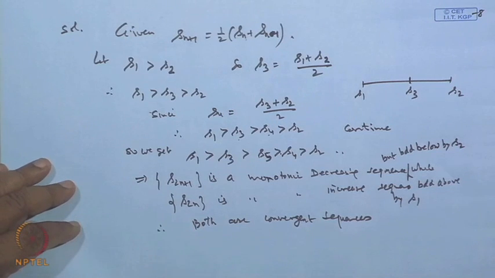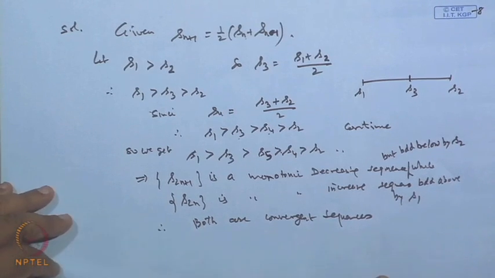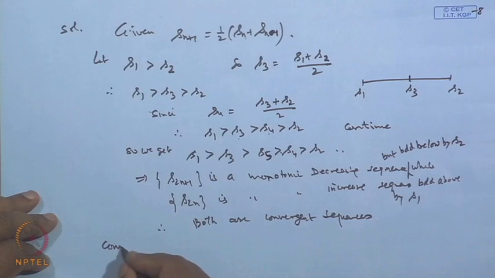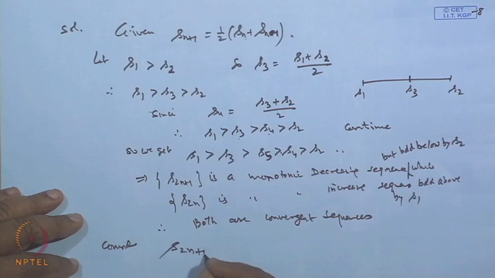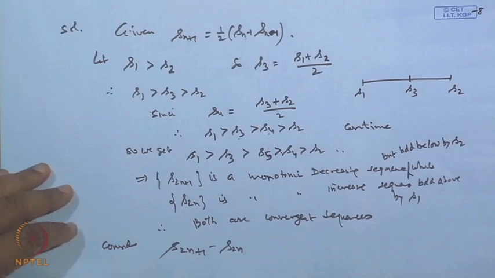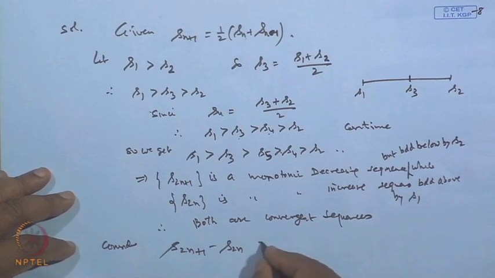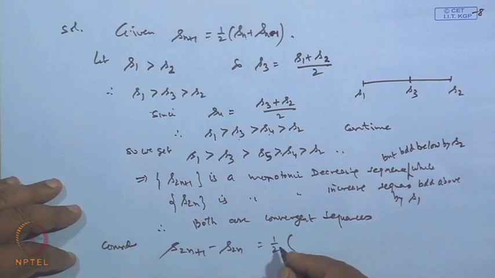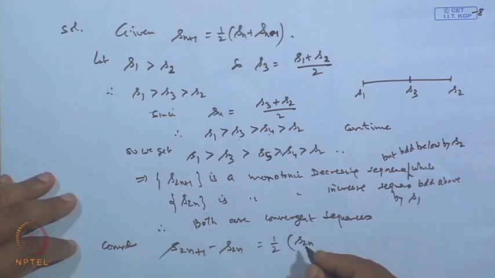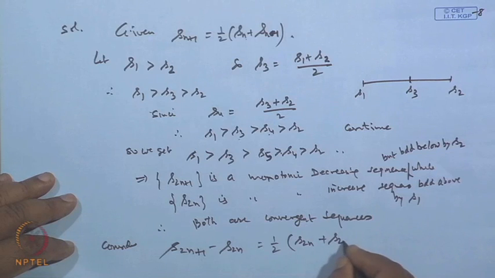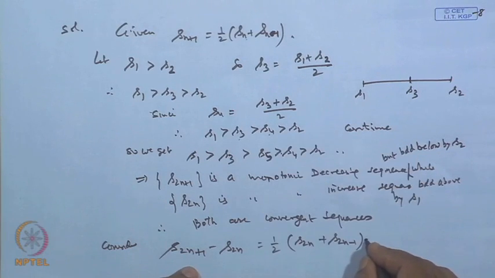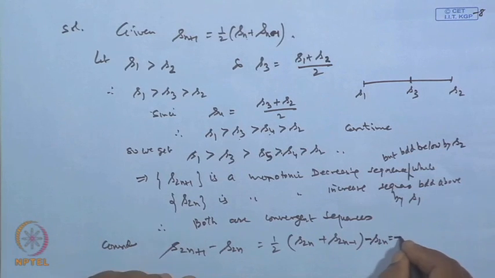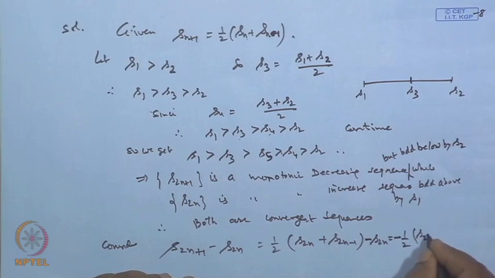Then whether they will converge to the same limit or not, let us see. If we consider the difference S2n plus 1 minus S2n, applying the formula, we get half of S2n plus S2n minus 1, minus S2n. That comes out to be minus half of S2n minus S2n minus 1.